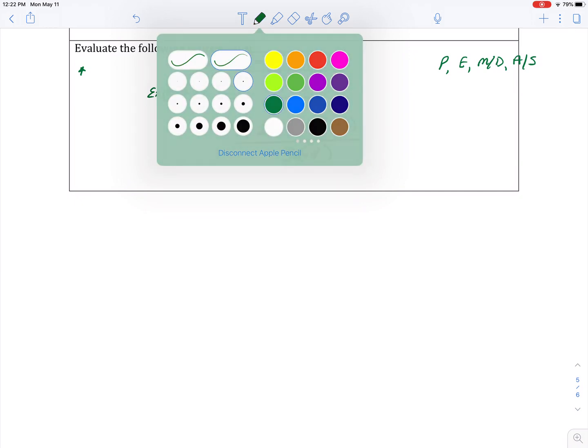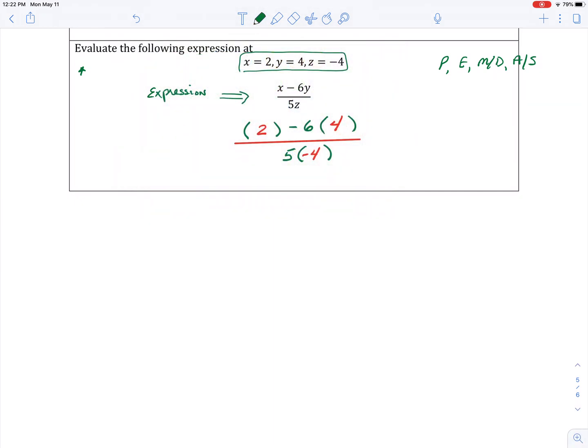So let me just look on the numerator first. I see some multiplication here in this numerator, which has priority. I'm just going to copy down the 2 for a minute while I do that multiplication. And in the denominator, I see some multiplication, so let me go ahead and do that.